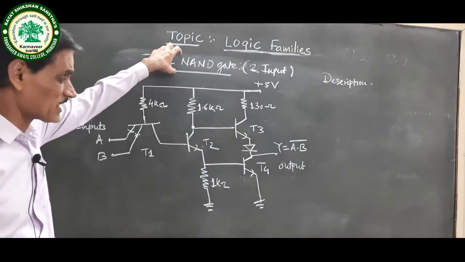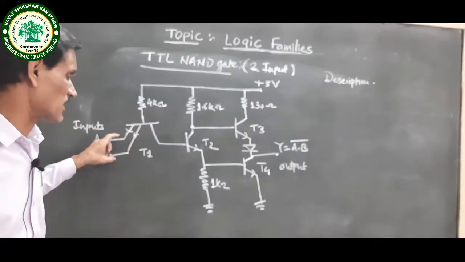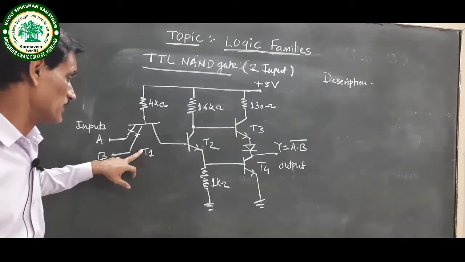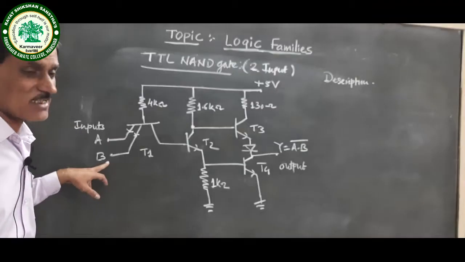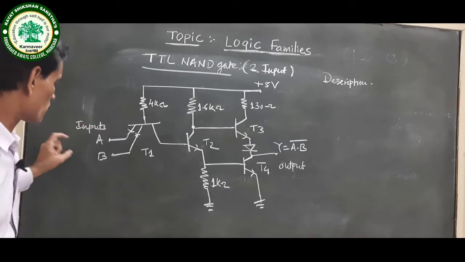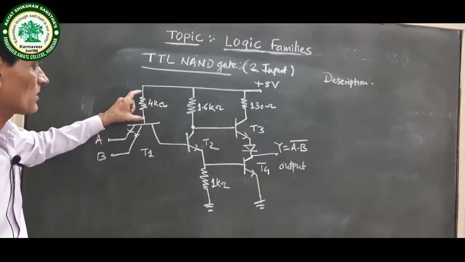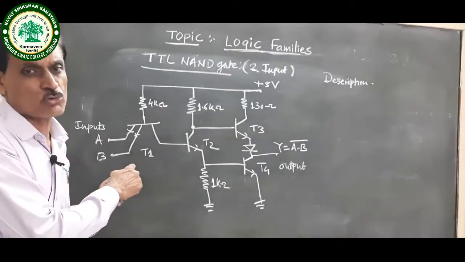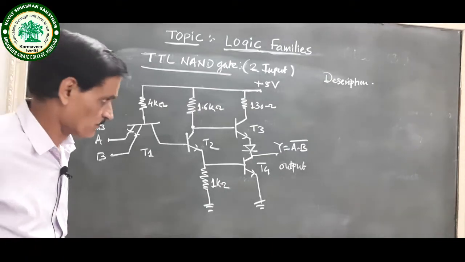The TTL NAND gate is basically constructed with the help of the multi-emitter transistor T1, along with the inputs A and B and the 4 kilo ohm resistor. It acts like a 2-input AND gate.